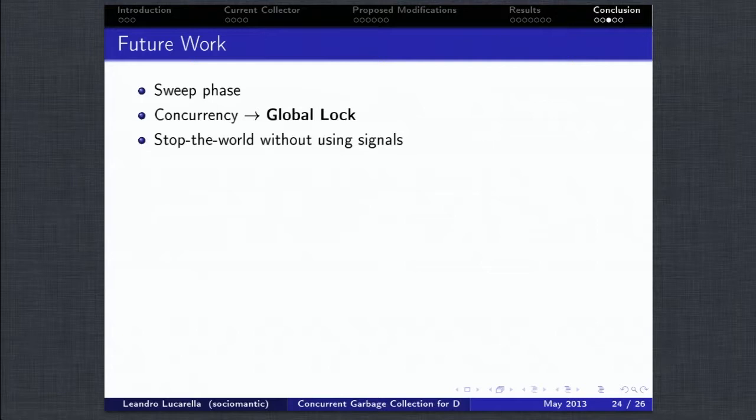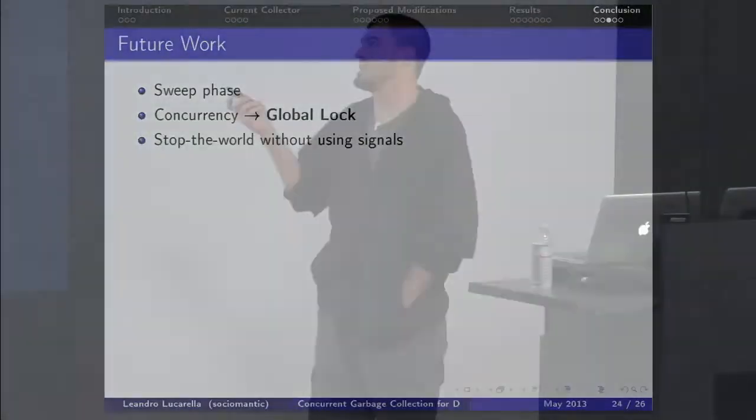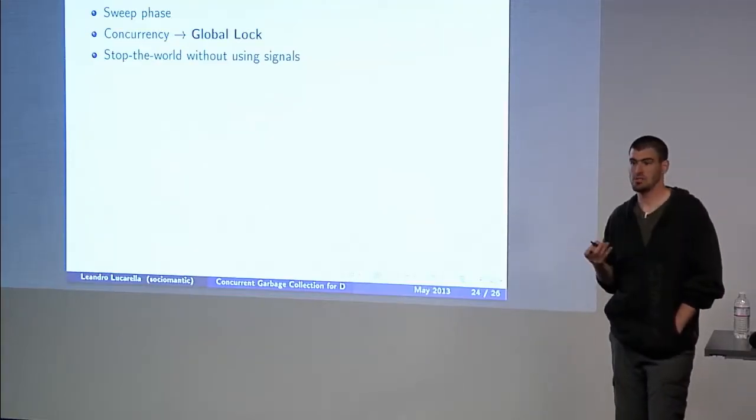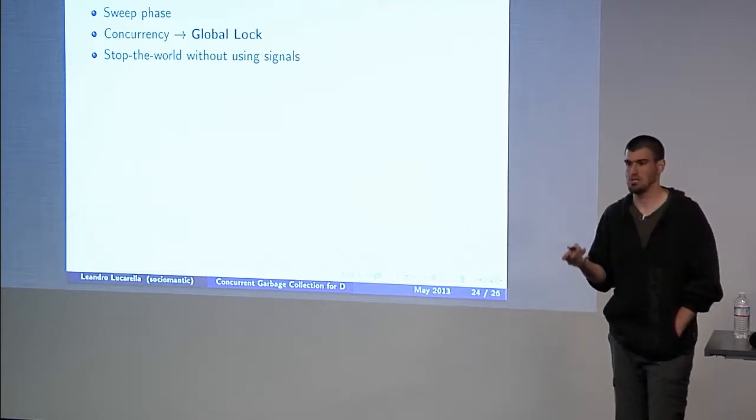Some future work: I didn't mess with the sweep phase. A very common optimization is to do a lazy sweep phase, which basically means that you don't sweep until somebody is asking for more memory, so you can split the sweep time more evenly between allocations and reduce the pause time. Concurrency: I also found that the global lock was really disturbing when trying to achieve concurrency.